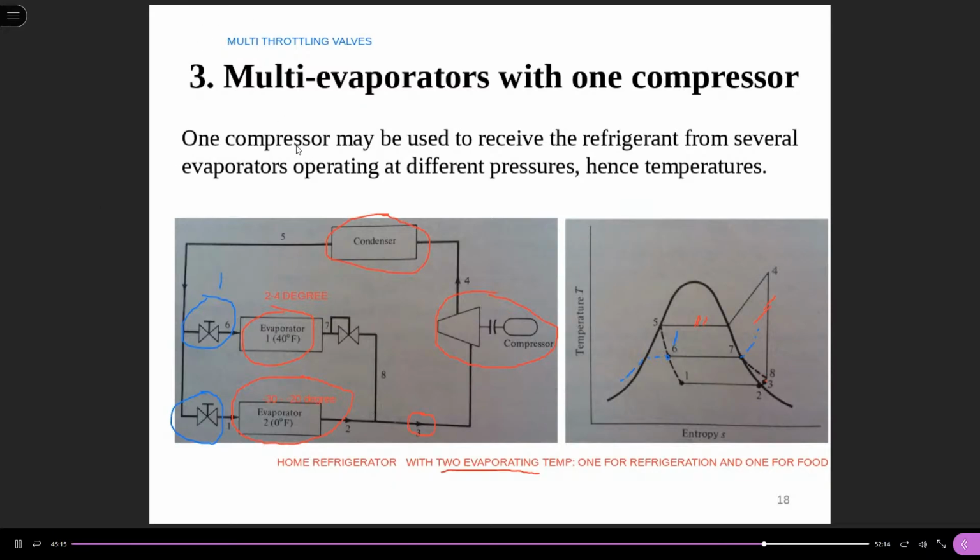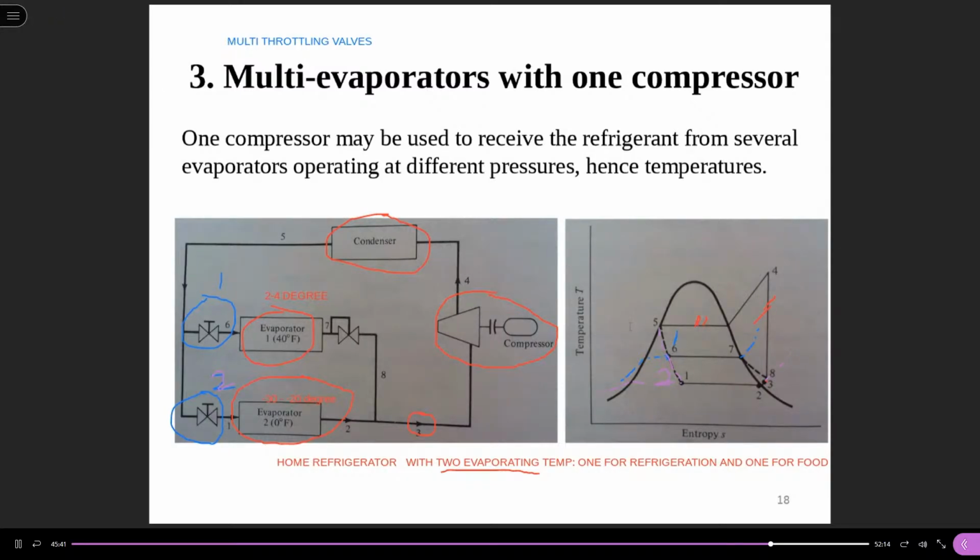And then the second throttling valve throttles to a much lower pressure, because a much lower pressure corresponds to a much lower evaporating temperature.